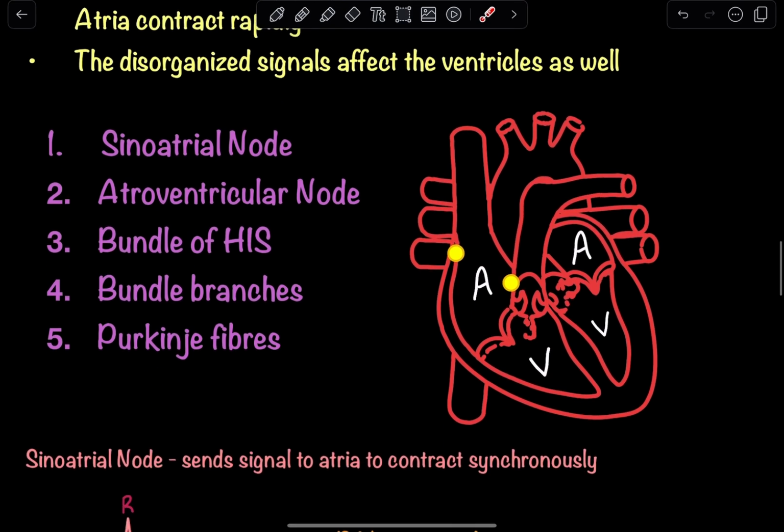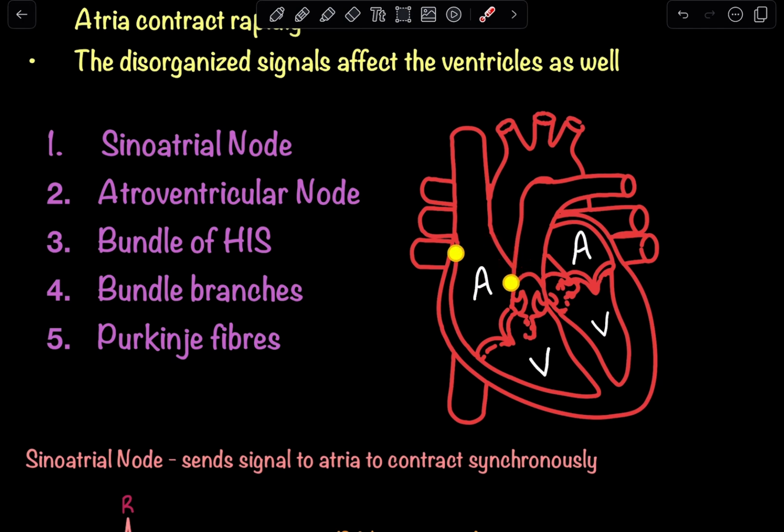Now, first, let's quickly go over normal signal transduction in a normal heart rhythm. So we know that we have that SA node, the sinoatrial node, and it's known as the pacemaker of the heart. It sends off that initial electrical impulse, resulting in the atria to contract synchronously, pumping blood into the ventricles, and then that signal is transferred to the AV node.